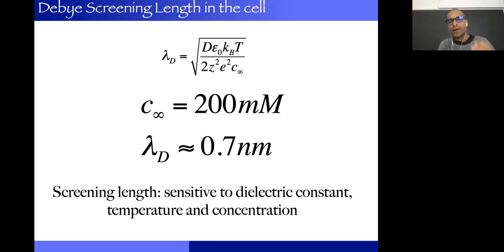So we're going to come back to this, but I just wanted to point out this length to you because the length scale of 1 nanometer or so is a recurring theme in our discussion.